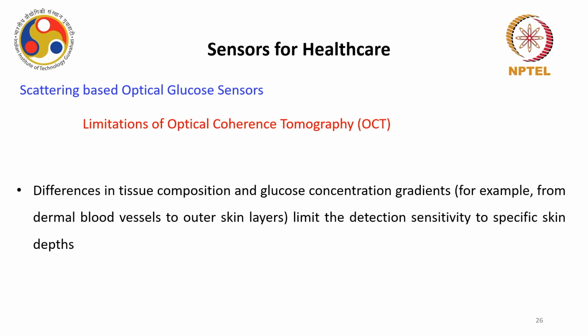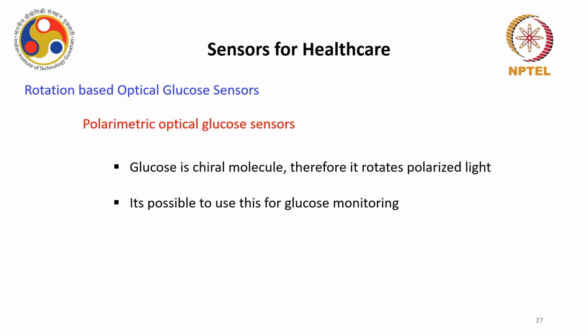Then there are other disadvantages also associated with the OCT devices, like differences in the tissue composition and glucose concentration gradients limit the detection sensitivity to certain depth levels of the skin. Therefore, as I have mentioned, it is mostly confined to the laboratory ambient.